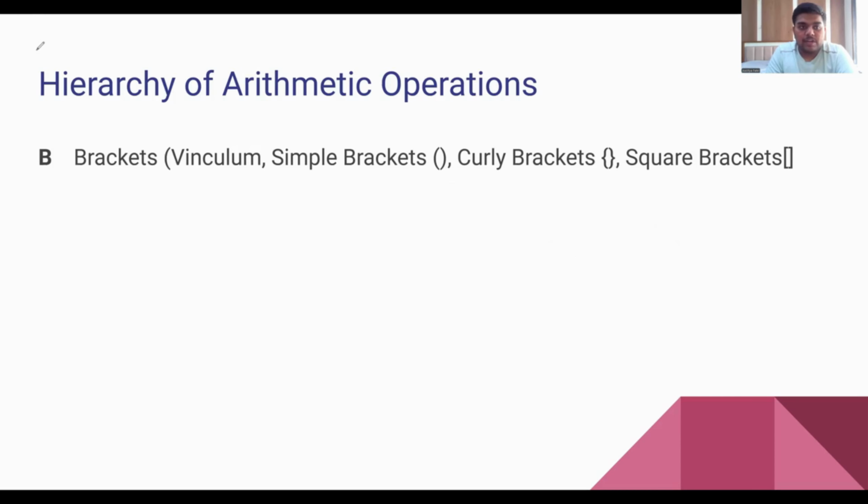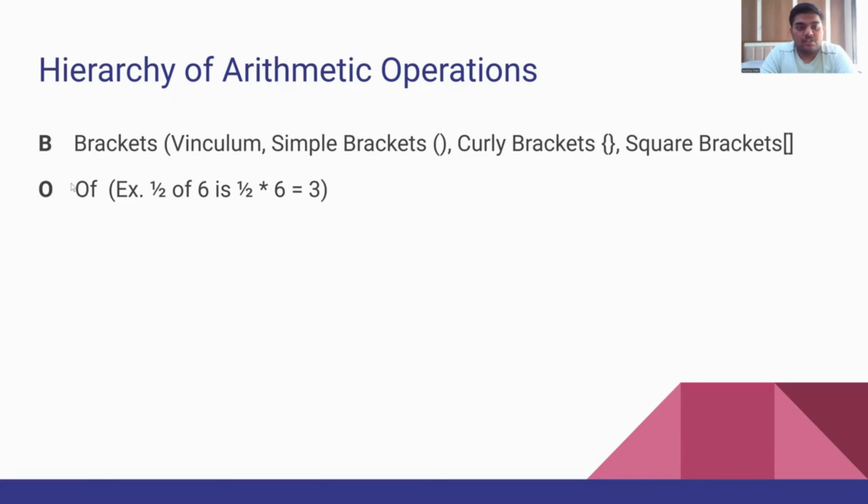And now let us look at the next arithmetic operation, which is of, which means, for example, half of 6 or twice of 9. So half of 6 is equal to 1 by 2 into 6, which is 3.